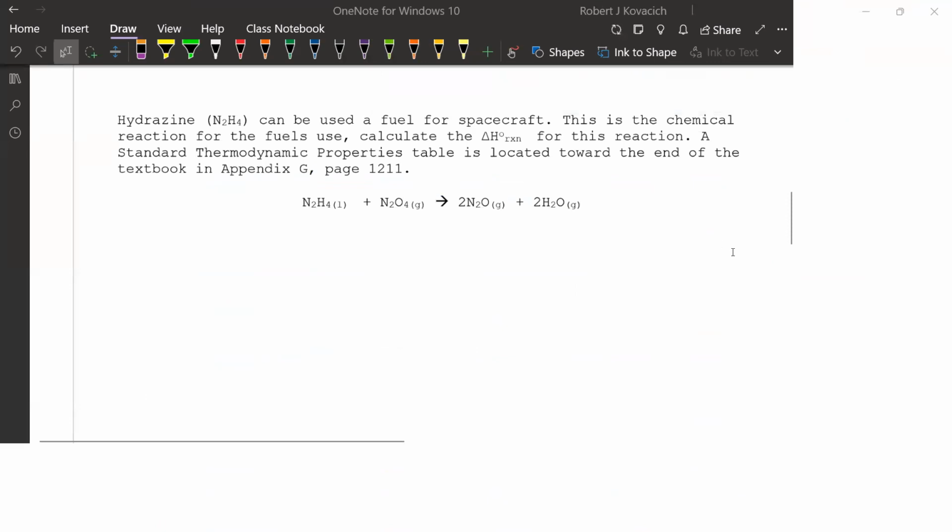All right, so this is where we're summing the values before and summing the values after. So we use these summations: summation of all the reactions' final minus all the reactions' initial.